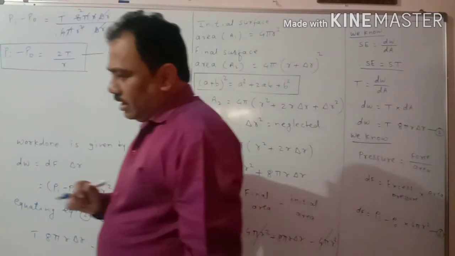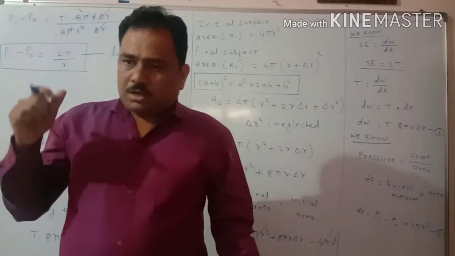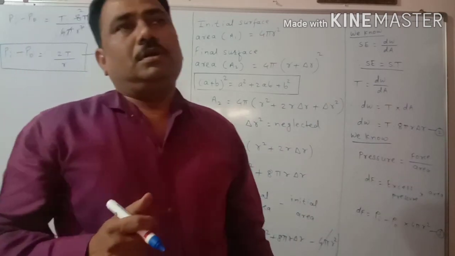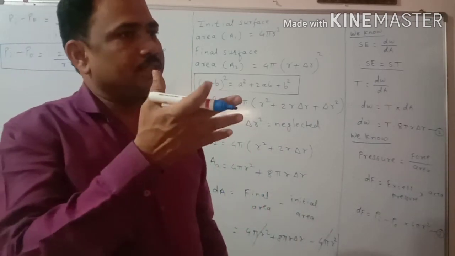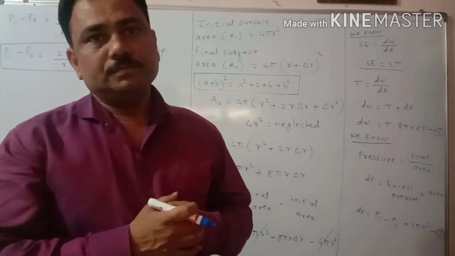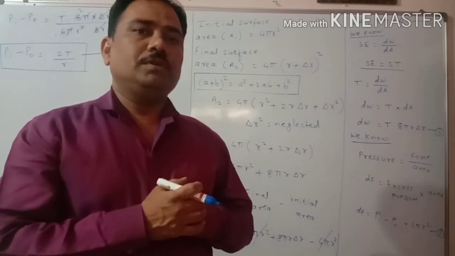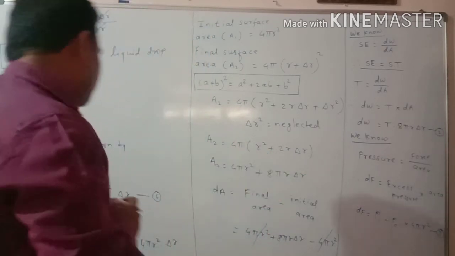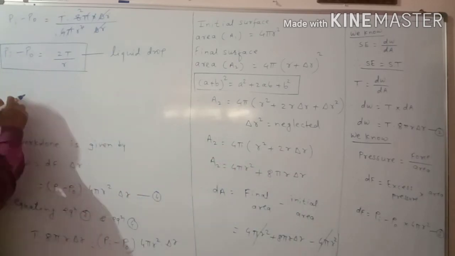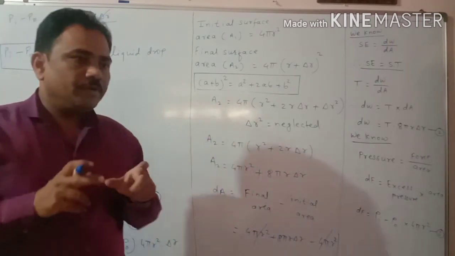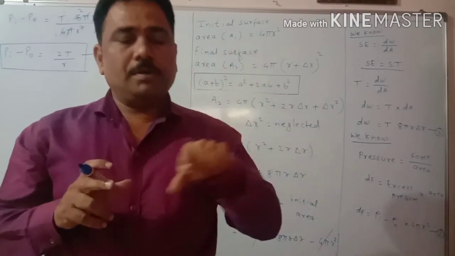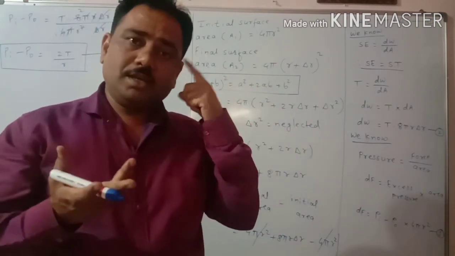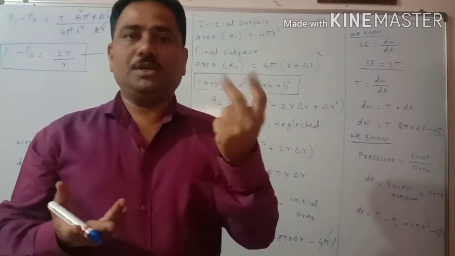Now if instead of a liquid drop we have to calculate the excess pressure in case of a bubble, then what do we have to do? In case of soap film or soap bubble, how many surfaces are there? Two surfaces are there, as we have seen.